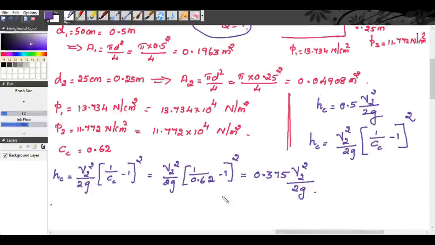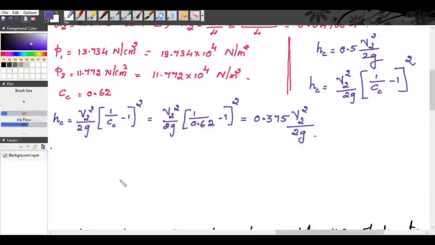Now, we will apply the continuity equation. We know the continuity equation: Q is equal to A1 V1 is equal to A2 V2. So, now we will equate these both, and we can get V1 in terms of V2. From this we get V1 is equal to A2 V2 by A1.